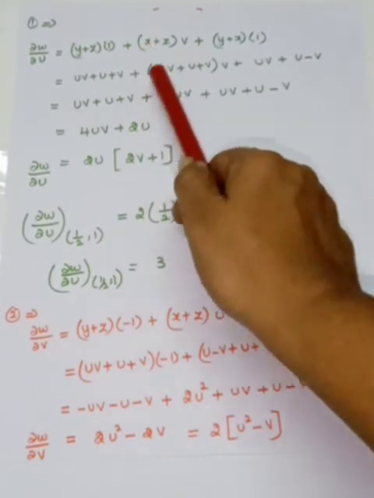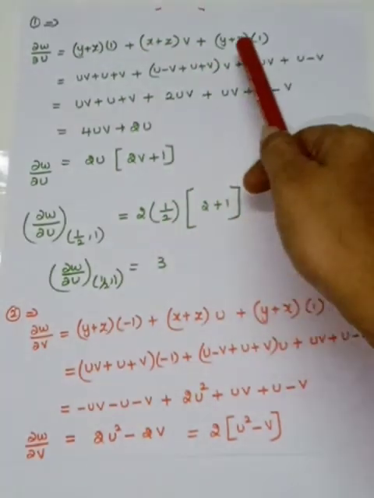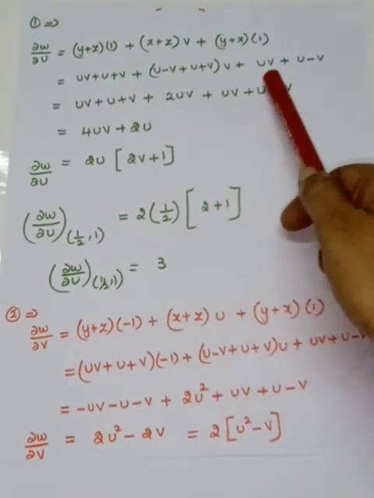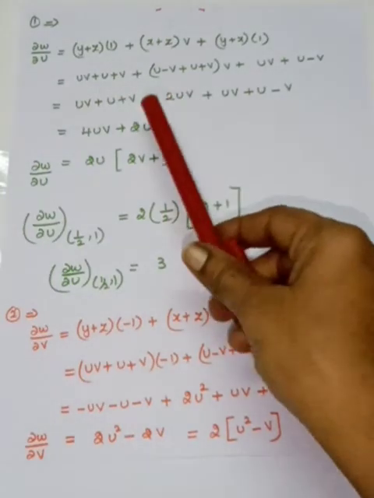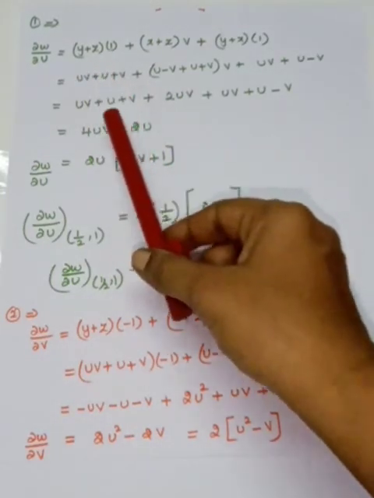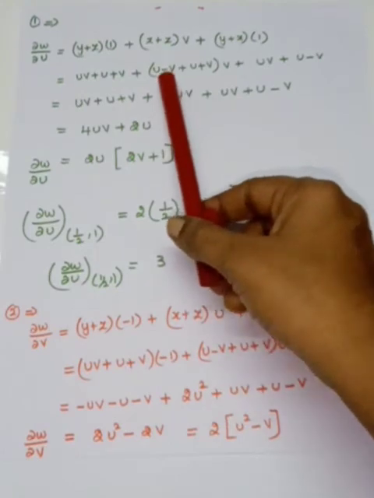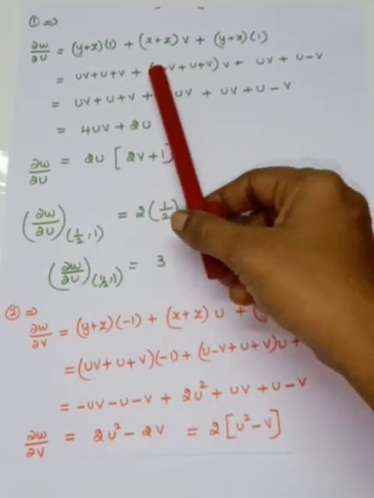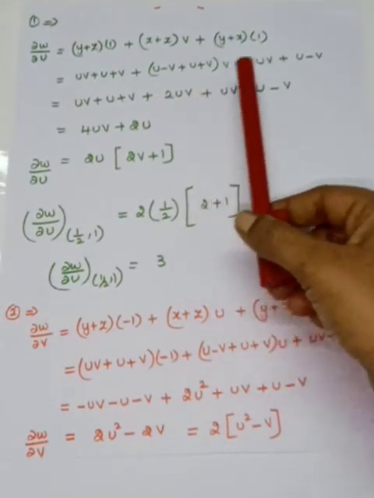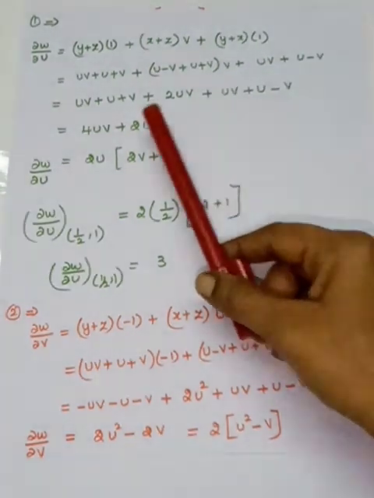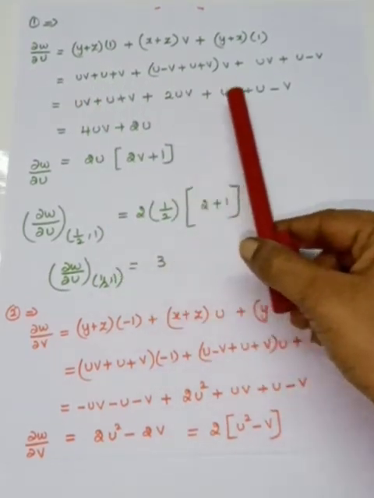And here x is u minus v, plus u plus v into b, plus the formula, y is what? uv, x is u minus v. Okay, you look at that. The first term is written, that is uv plus u plus v. Here minus v and plus v getting cancelled. So u plus u is 2u into v is 2uv. Here you will get this. So uv terms: uv, 2uv, 1uv.